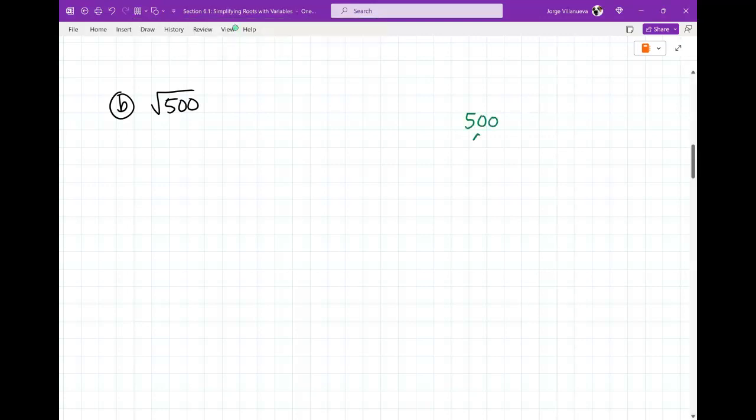So I'm going to break it down. Can you think of 2 numbers that multiply to 500, but one of them is going to have a square root?